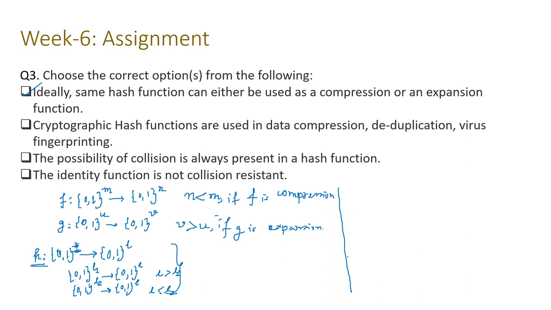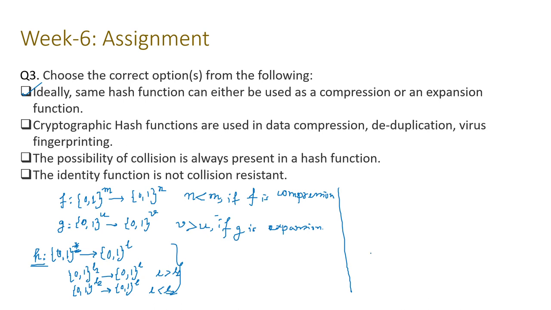Virus fingerprinting is a similar thing. Whenever we are downloading something and our software finds that the hash of that downloadable file matches an already blacklisted hash for some malicious executable file, then it can raise a warning.